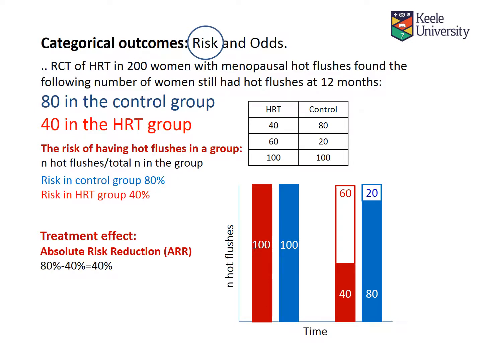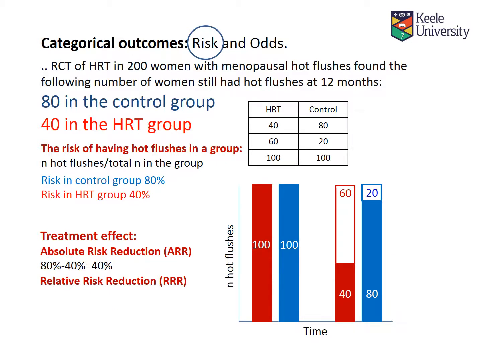So it's the difference between the two, 80% minus 40%, and you have 40%. In an absolute risk reduction, because it's subtraction, the percentage remains. So you say 40% absolute risk reduction. So there's a 40% reduction in risk.